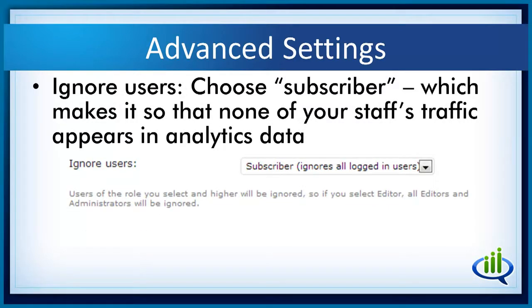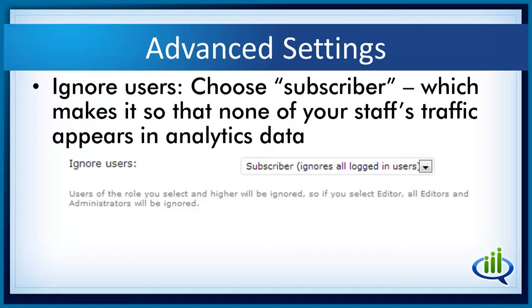Remember when I talked about the level of users, the logins before? What this enables you to do is to be able to say, all right, anytime anyone comes to my site who is logged in, so an administrator, a writer, an editor, anyone like that, I just want to ignore their data completely. And so you can choose which level you want to ignore, and you ignore everything above that level.